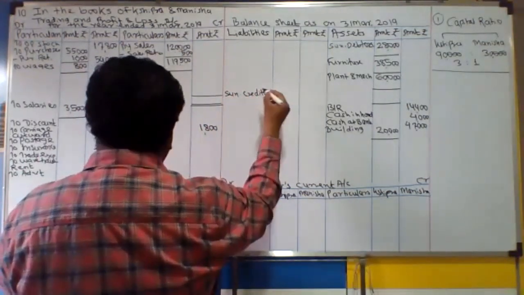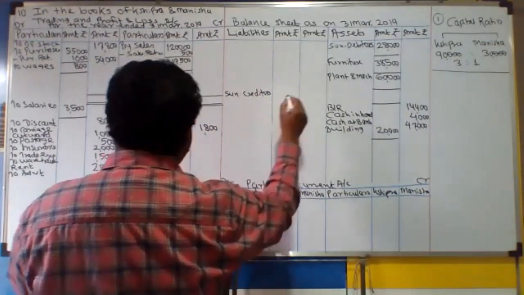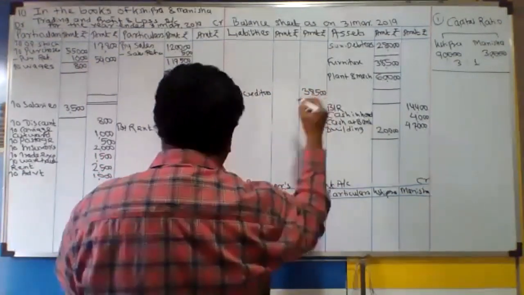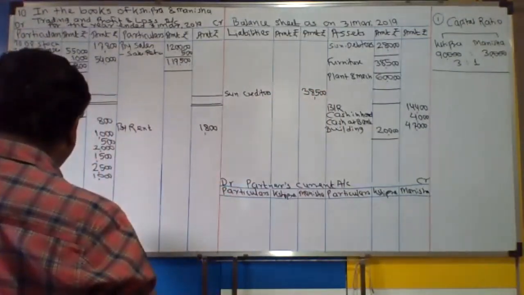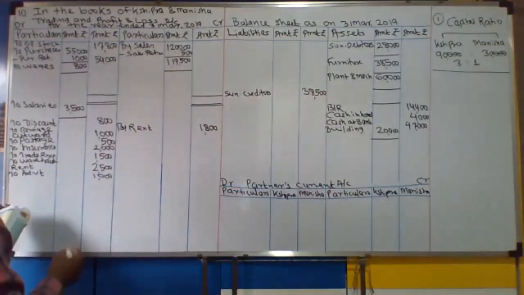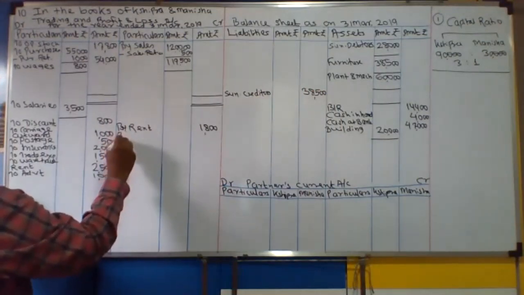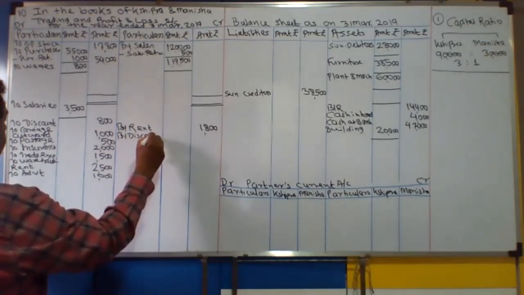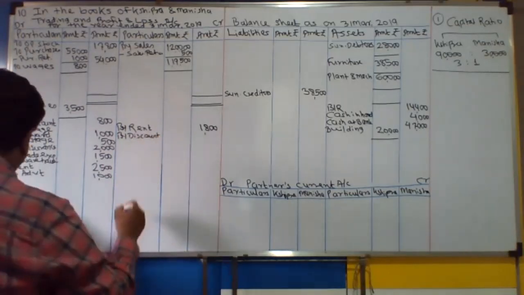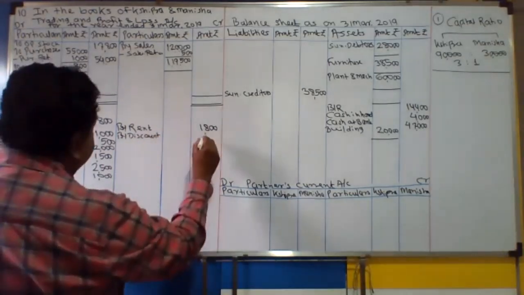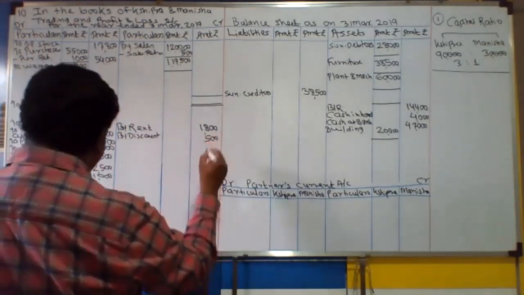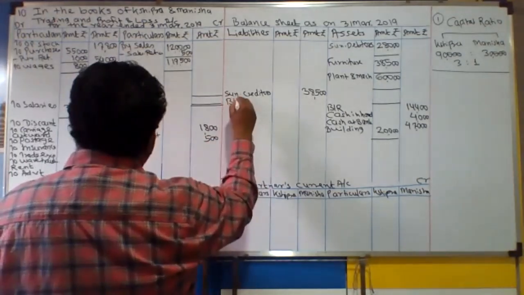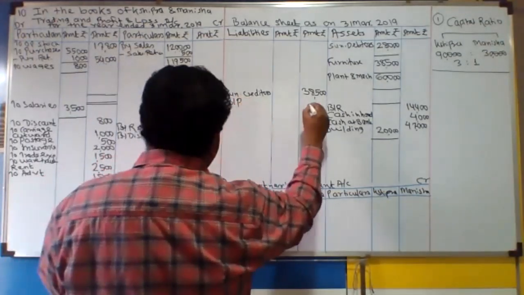Record creditors in the liabilities, 38,500. Purchase return we have already deducted from purchases. Discount, profit and loss account credit side, because it is having the credit balance. Bills payable, liabilities, 9,000.